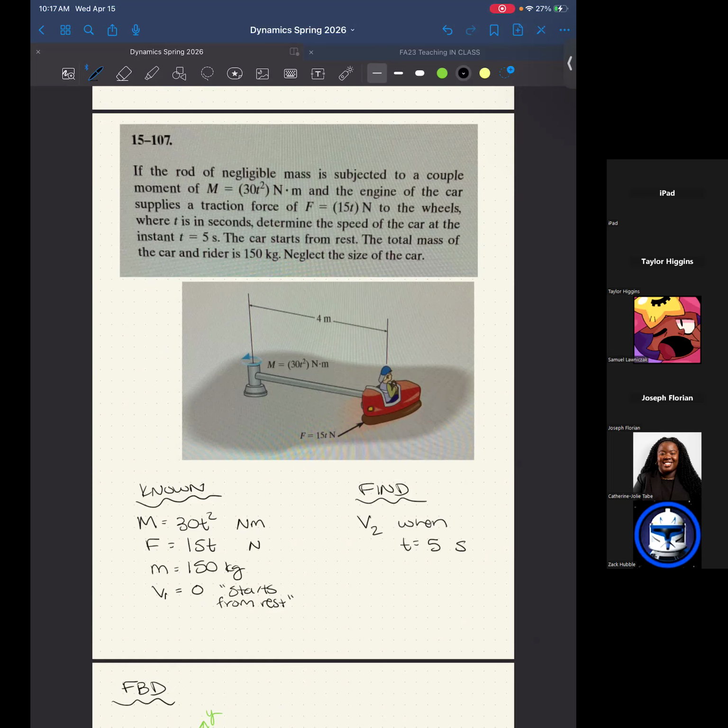All right, Giovanni, where are you stuck? I got 3.33. Oh, there you go. You're correct.